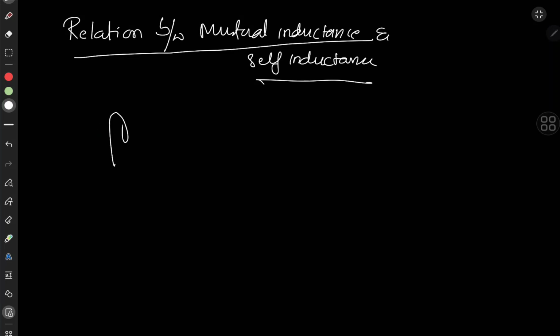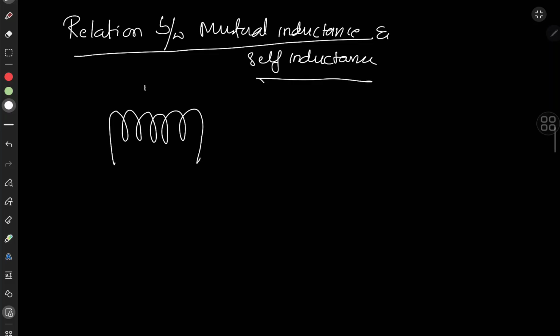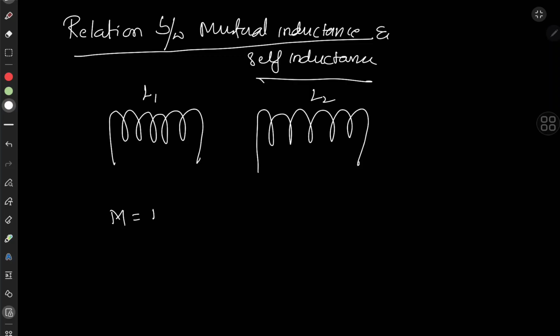Suppose you have two coils. The self-inductance of the first coil is L1 and of the second coil is L2. Now the mutual inductance between these coils is K into root of L1 L2, where K is called the coupling constant.